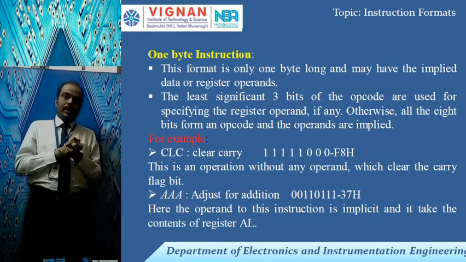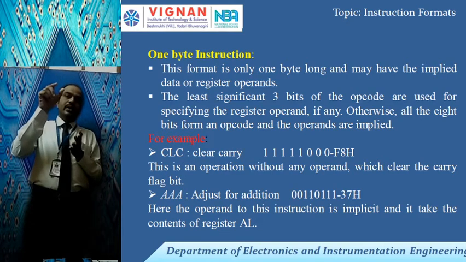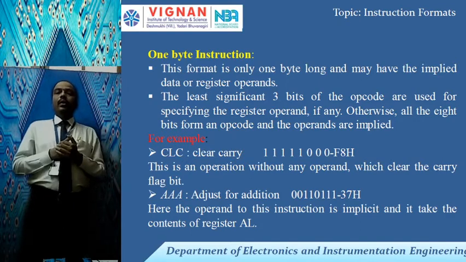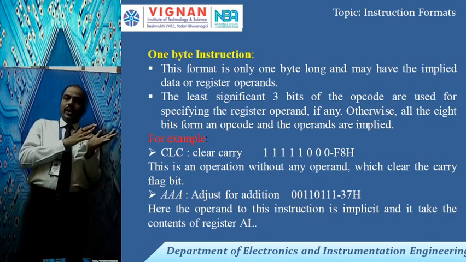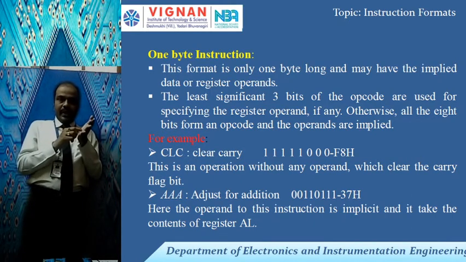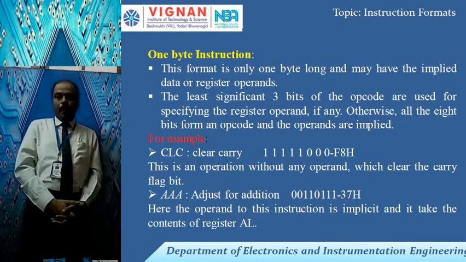Generally the general purpose registers are used to hold the data. For example, if the AX register has some data like 23H and you want to copy that particular 23 from accumulator AX to BX, then you write the instruction MOV AX, BX. Then you can say that AX is nothing but a register operand.